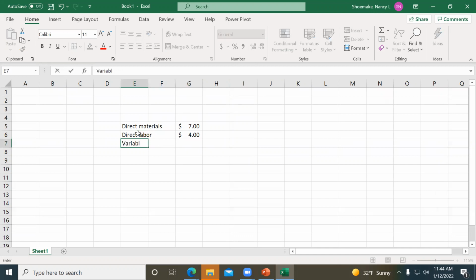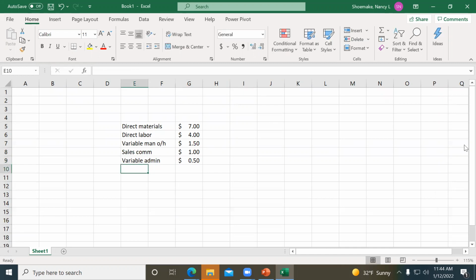Variable manufacturing overhead, 1.50. Sales commissions, a buck. And then variable administrative, 50 cents.